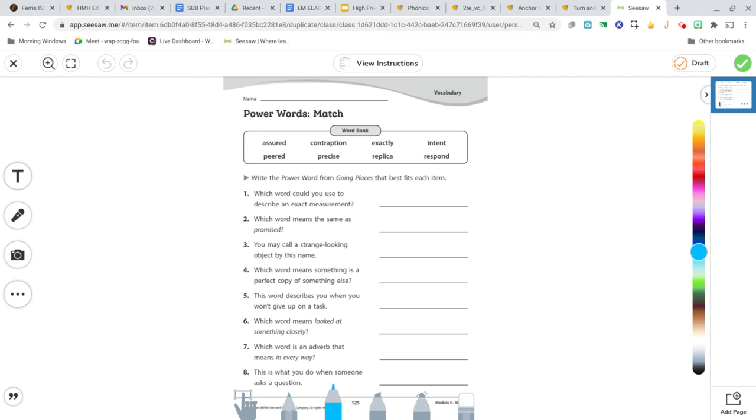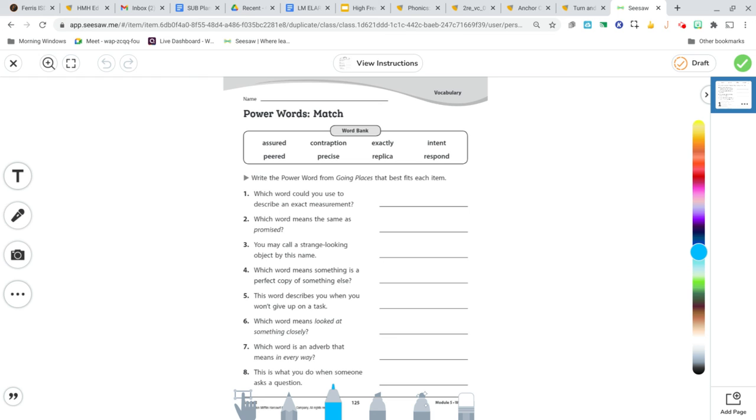So you can see that there's a word bank, and it says assured, contraption, exactly, intent, peered, precise, replica, respond. So number 1 says, which word could you use to describe an exact measurement? So remember that little girl that was measuring the milk.